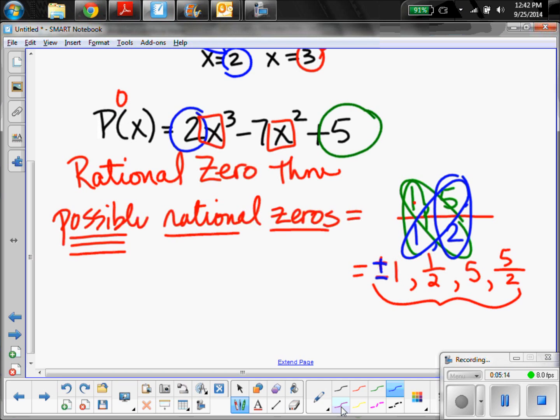That's how you find the possible numbers to plug in for x.